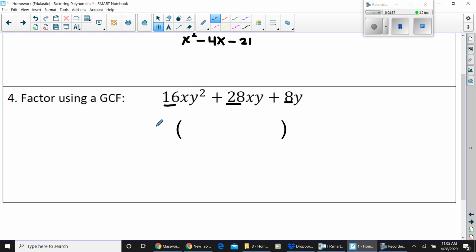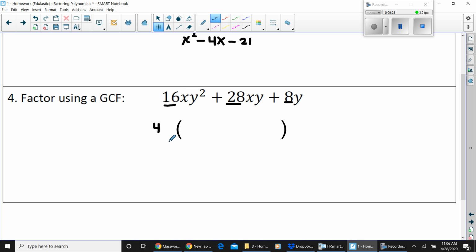So, 8, 16, 24. All right, so 8 goes into 8, 8 goes into 16, but 8 doesn't go into 28. So you can't pull the 8 out. But I think 4 can work because 4 goes into 8, 4 goes into 28, and 4 goes into 16.